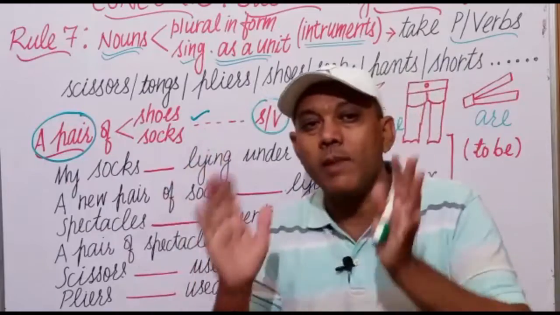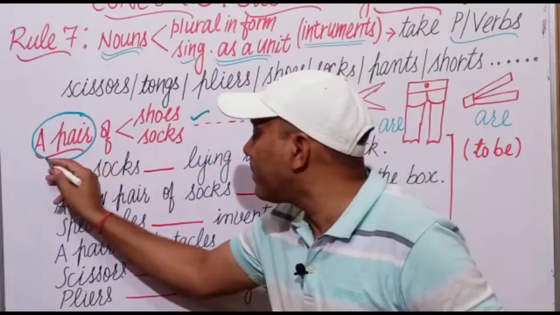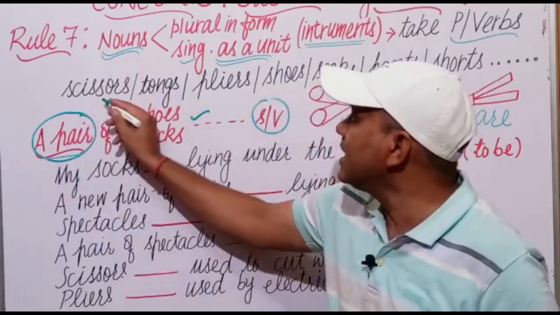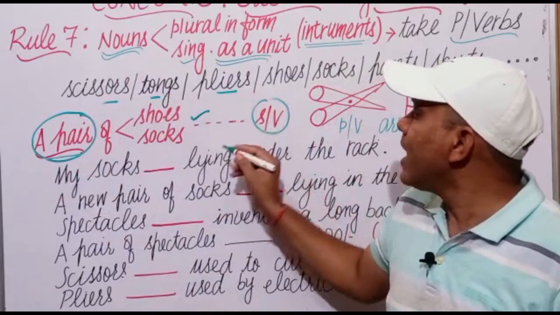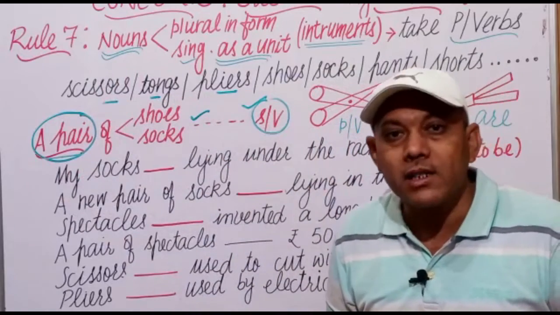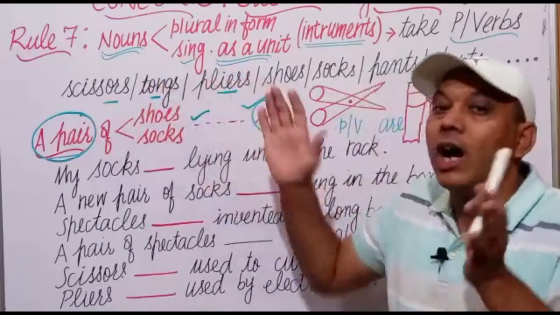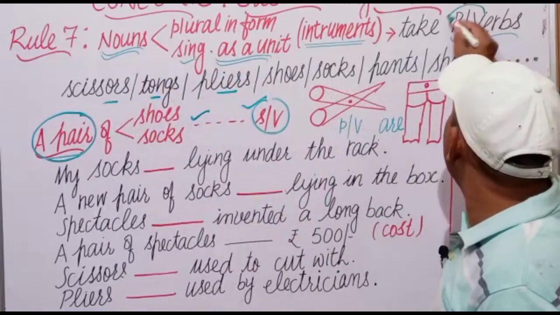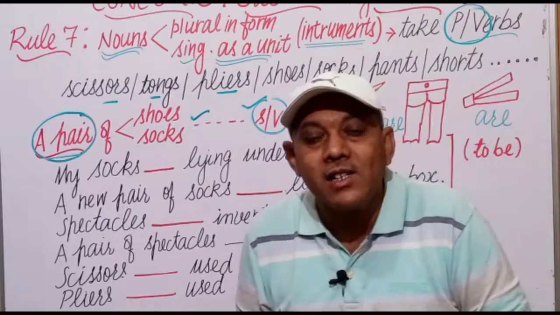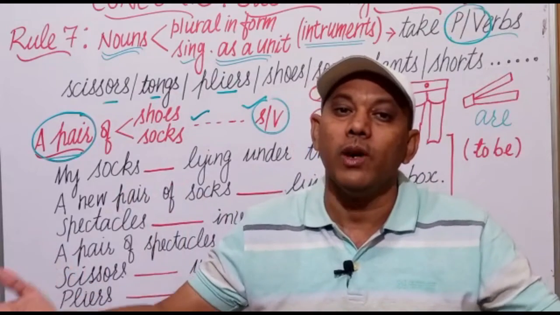Have this thing in your mind that when "a pair of" is used before these nouns, then use a singular verb, but when these are used alone, use a plural verb after them as they take a plural verb.